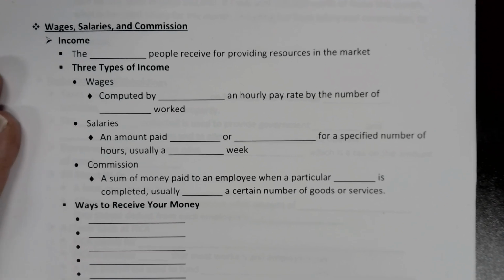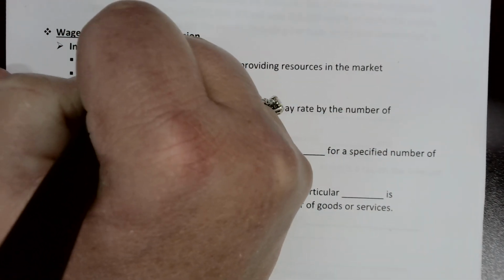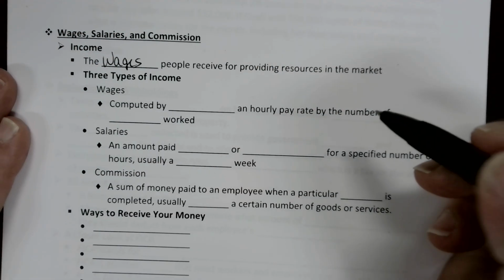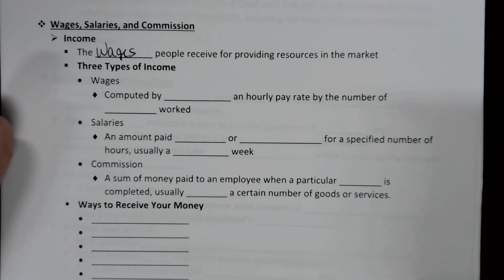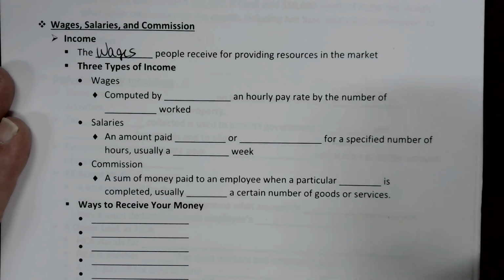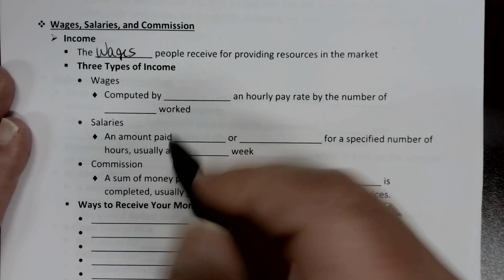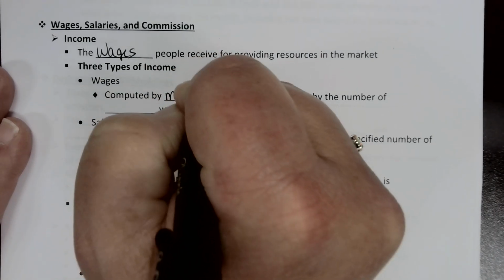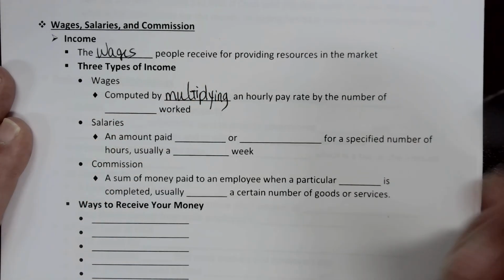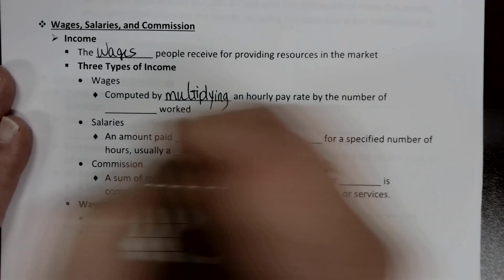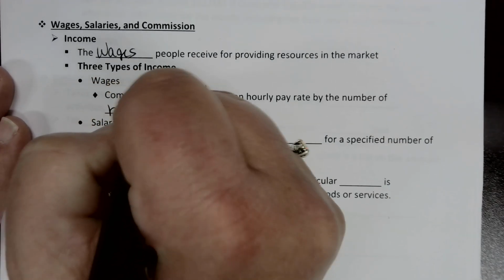All right, income. Income are the wages that people receive for providing resources in the market. So there are 3 types of income. Wages, computed by multiplying an hourly rate of pay by the number of hours worked.